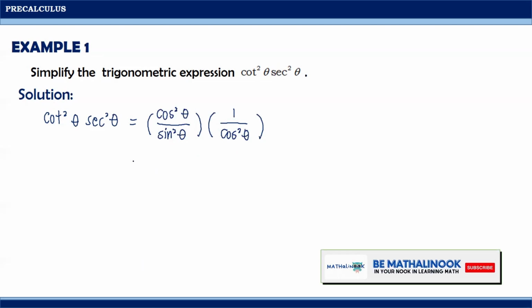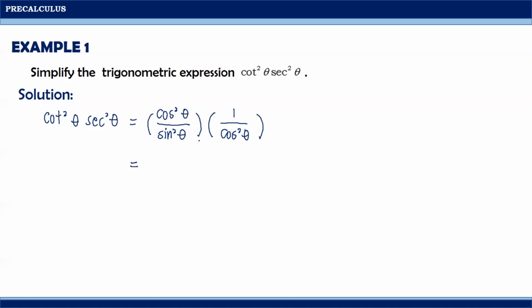Next step would be using algebraic manipulations. Since this is multiplication, then we need to multiply the numerators and the denominators, giving us cosine squared theta all over sine squared theta cosine squared theta. Moreover, notice a common factor, cosine squared theta, in the numerator and the denominator.